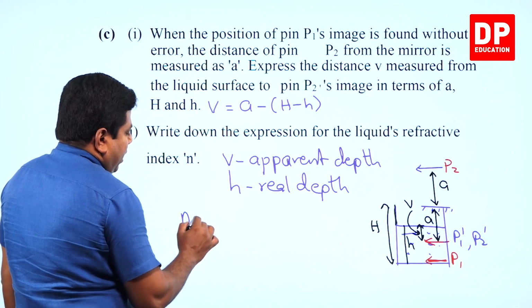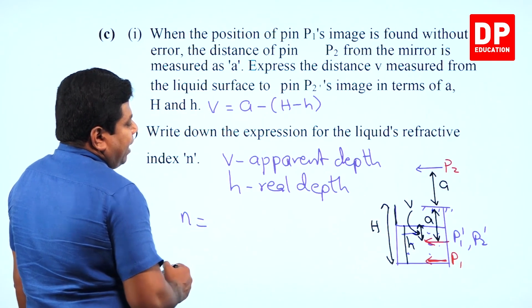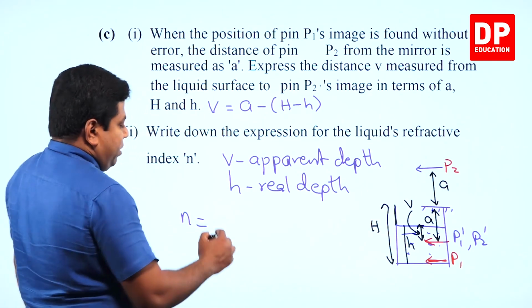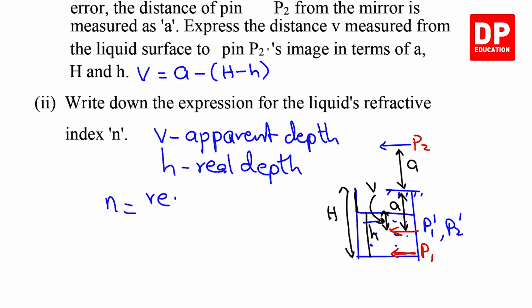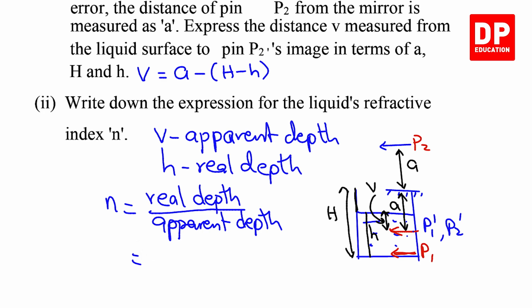We know N equals real depth divided by apparent depth. Real depth is small h. Apparent depth is V. V is what? A minus capital H plus small h.